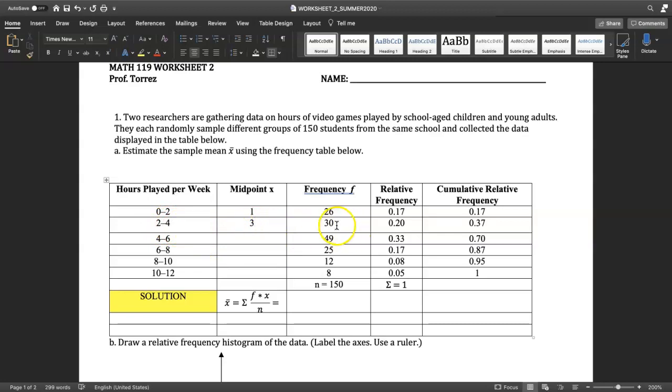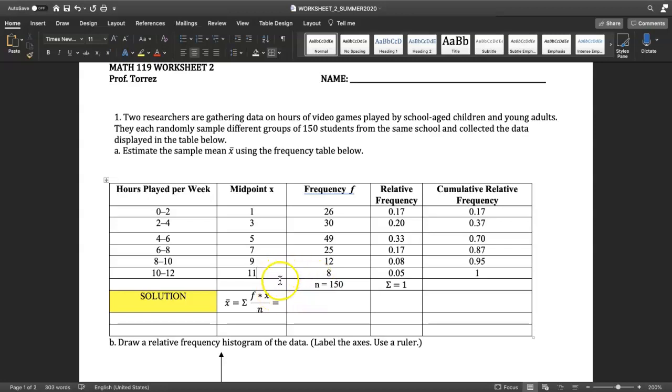And then we'll multiply 30 times 3 and add. So you can see what we're doing here. We're using these midpoints as the representative value of all of the values in that particular interval. All right? And then if we take their product, x times f, and then add them all up, then divide by n, we'll get a surrogate sample mean using this frequency table.